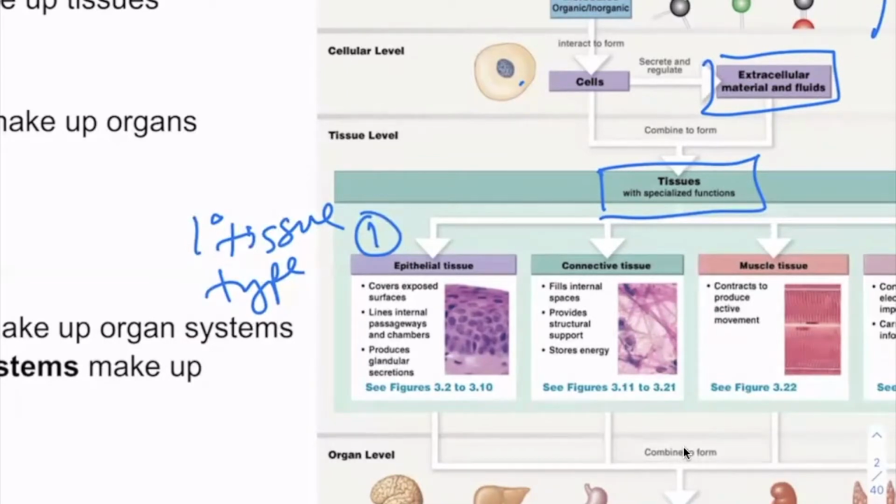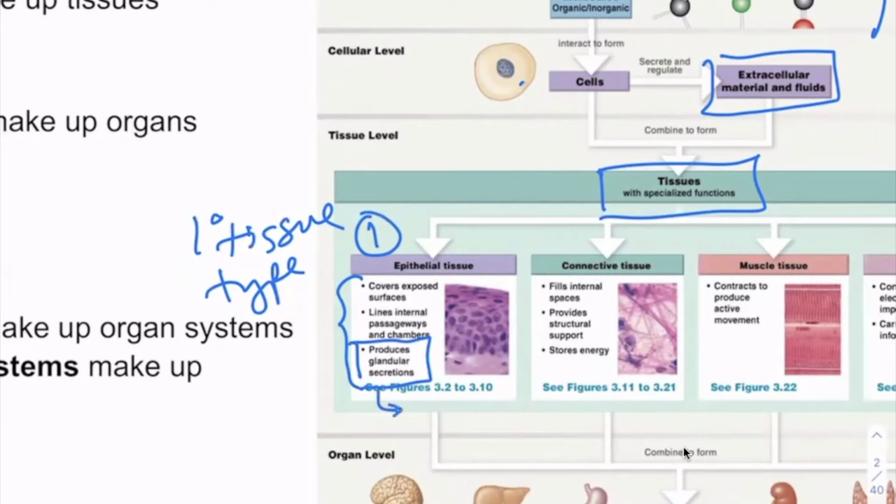Epithelial tissue is your skin, right? So it covers exposed surfaces, or the inner lining of your mouth, inner lining of your esophagus, inner lining of your small intestines. So epithelium lines things, whether outside or inside, and also produces glandular secretions.